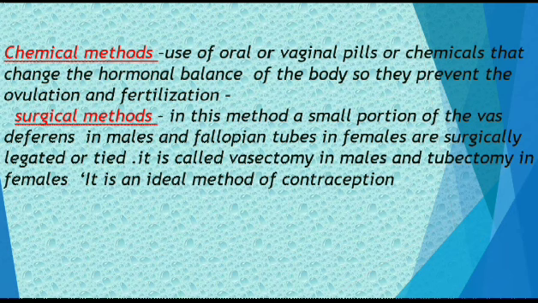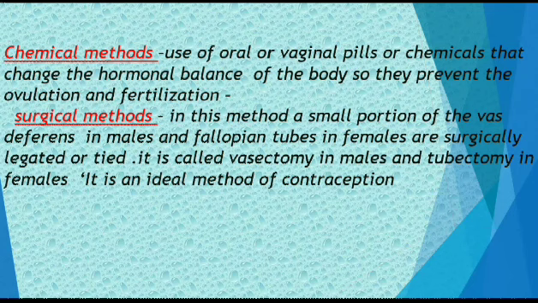Chemical method: there are many oral pills, which means many medicines are available in the markets, which can be used after or before fertilization. Surgical method: there are many surgical methods, that is tubectomy and vasectomy.